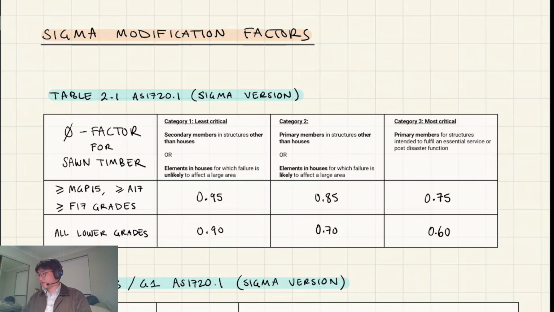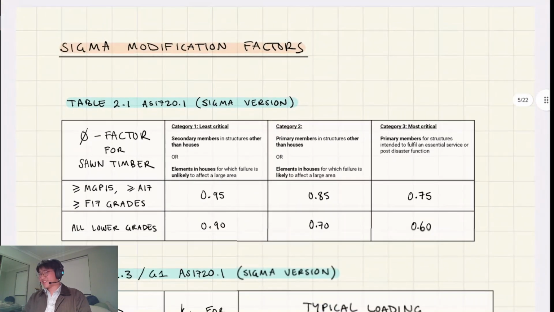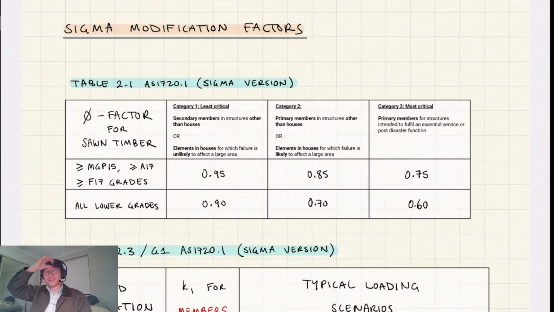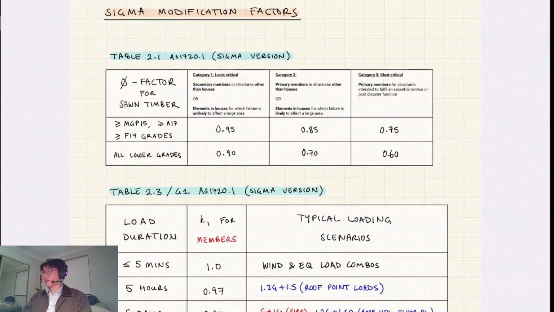Over here, category 3 is a primary member which fulfills an essential service or post-disaster function. I've never run into this case, but I think it means, I don't really know, to be honest, that if an earthquake happened and there's a risk that it's going to happen again, you want to redesign for that scenario, like a building in an area that just had an earthquake.